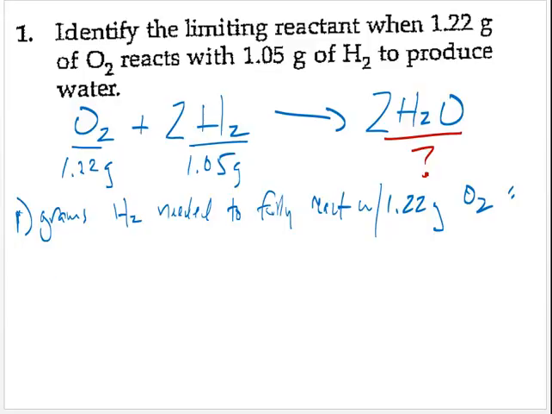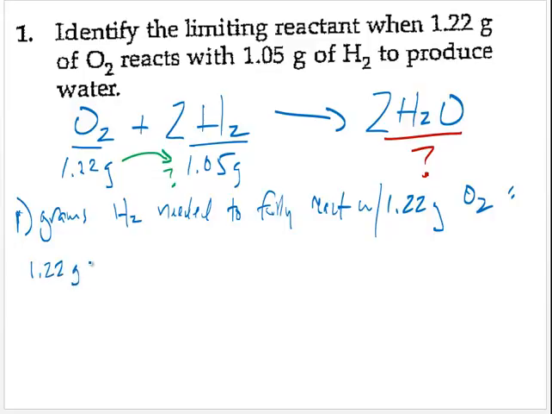Is we're going to take the amount of the first reactant, and we're going to ask the question, how much of the second reactant would we need to completely consume 1.22 grams of oxygen. All right, so to do that, we're going to set up a mass-to-mass stoichiometry problem.